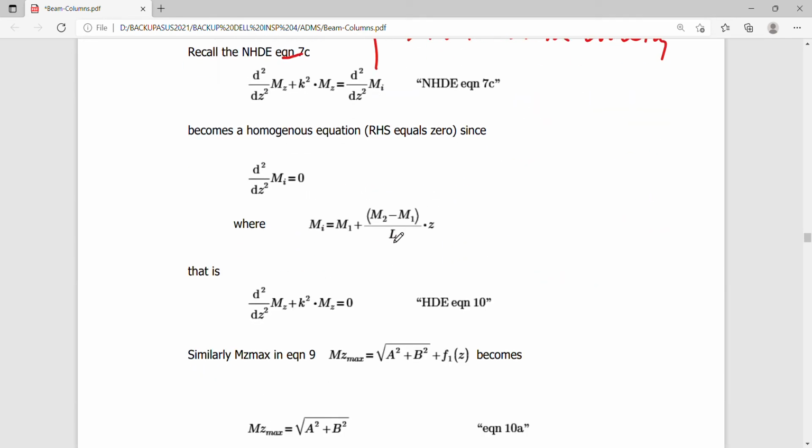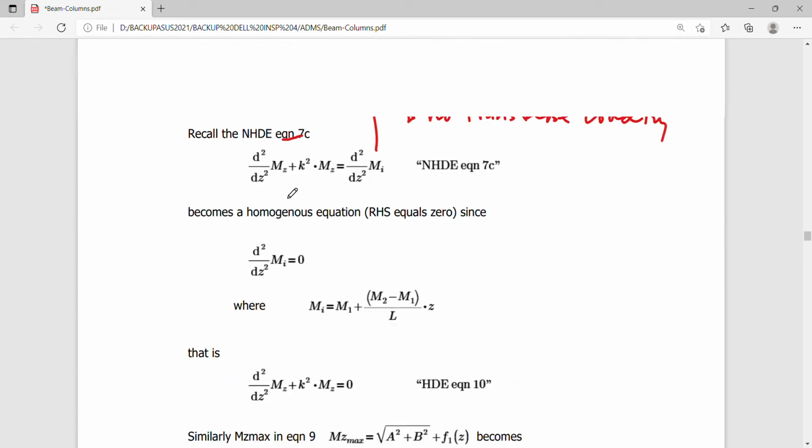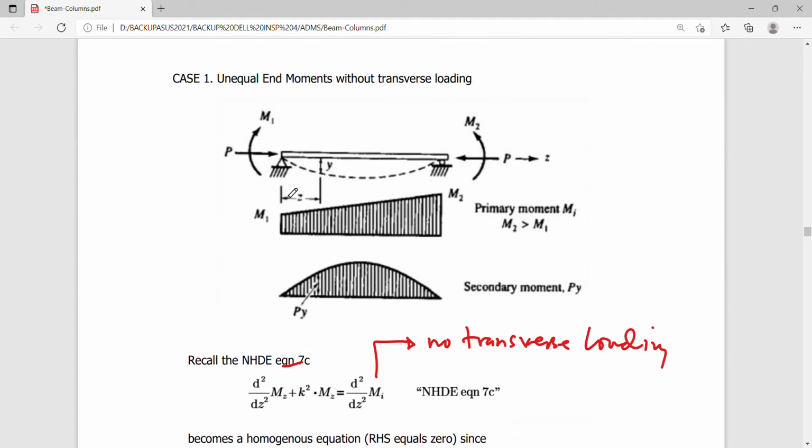So if we take a look now on the value of Mi, the initial value here, is simply defined in terms of the M1 and M2 values.